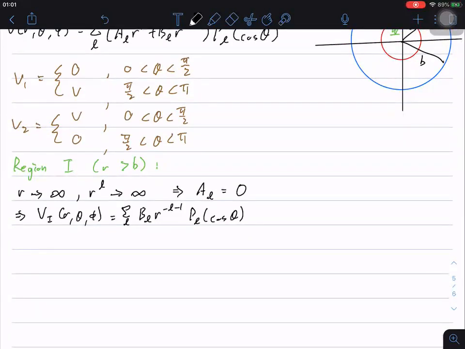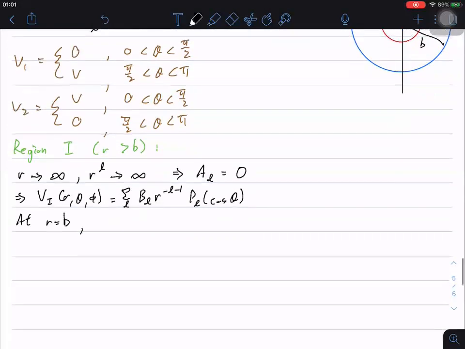So again, we have to consider the boundary condition. At R equal to B, we can plug in the boundary condition, which equals V1.